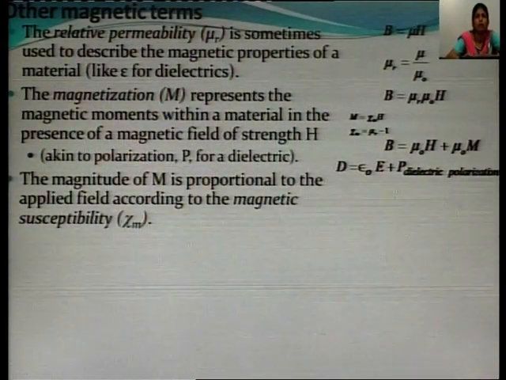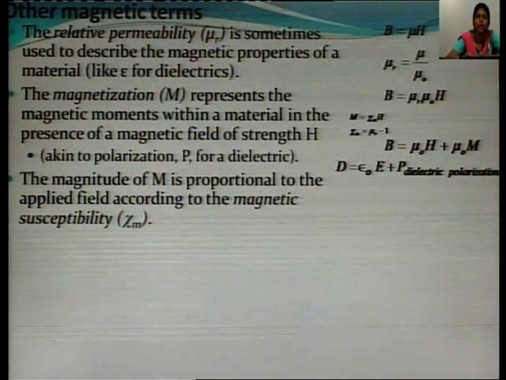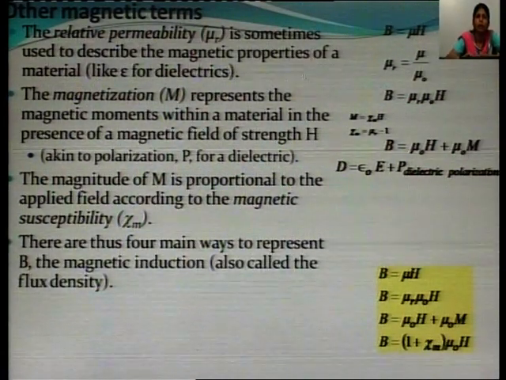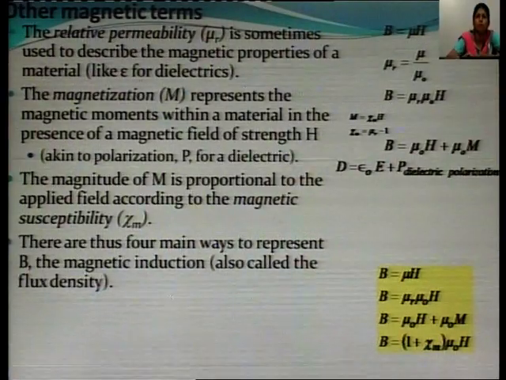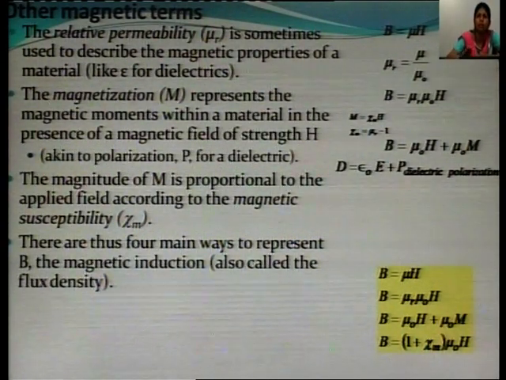So the magnitude of M is proportional to the applied field according to the magnetic susceptibility, and there are thus 4 main ways to represent B: the magnetic induction, also called the magnetic flux density.